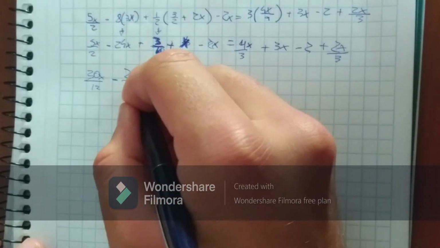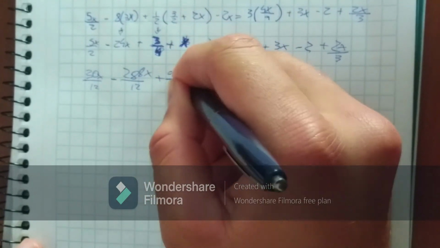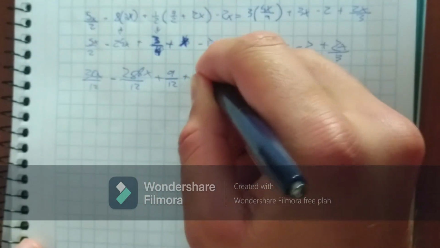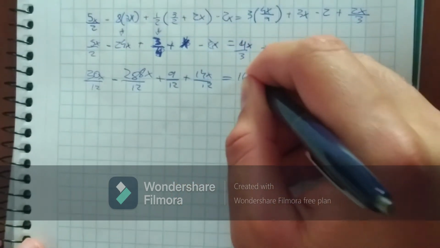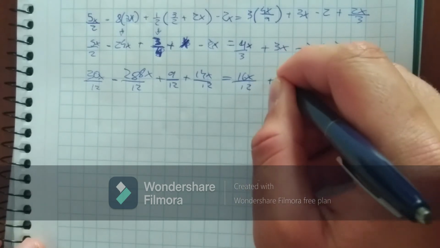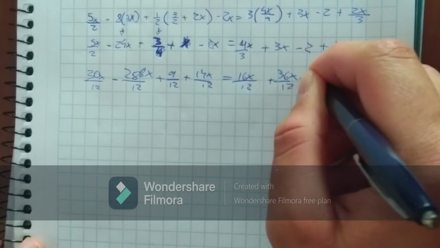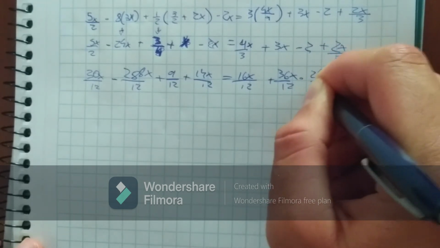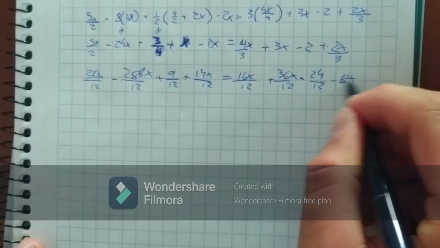288x over 12 plus 9 over 12 plus 12x over 12 equals 16x over 12 plus 36x over 12 minus 24 over 12 minus 8x over 12.